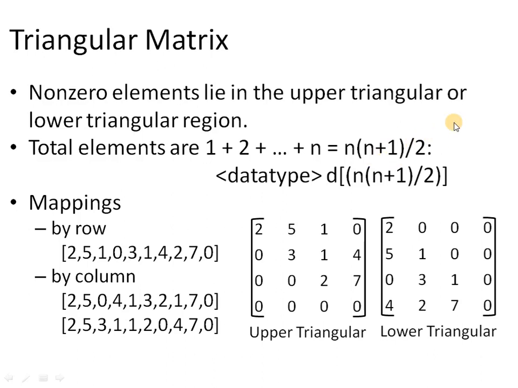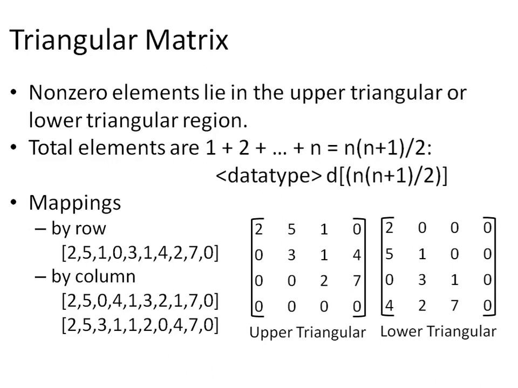There can be two ways to take the input here, either row-wise or column-wise. Row major order for both the upper and lower triangular matrices shown here comes out to be the same. However, the column major form will differ in both the cases, and the same is shown here.